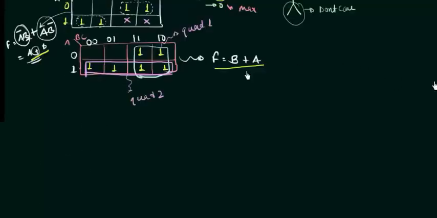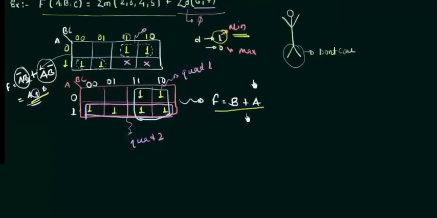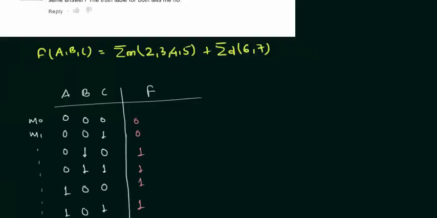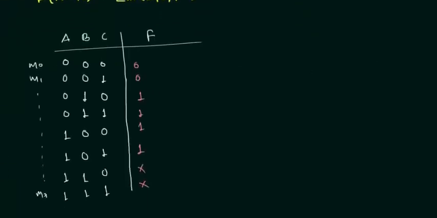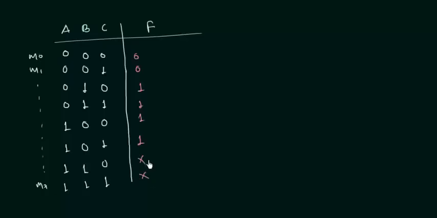In this first case I didn't take the don't cares, so we will do the same thing in the truth table also. We will not consider these don't cares. So the function is true when the number of 1s in A and B is odd. As you can see, 0 1 has only a single 1, 1 0 has only a single 1.